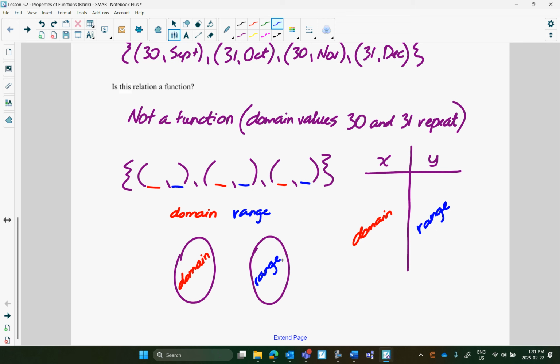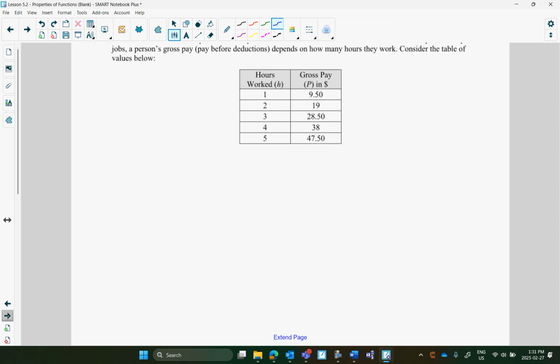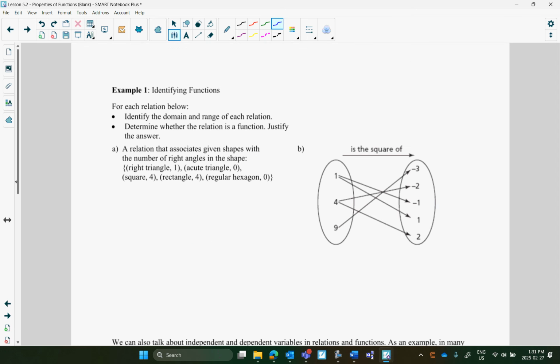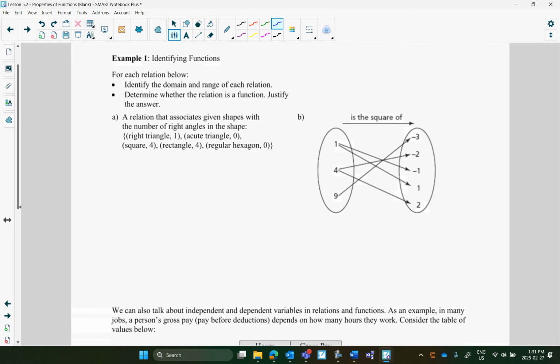We also give these domain and range different names. And you guys hopefully will have seen this in science. Oh, sorry. We're not going to do that yet. We're going to do an example first. Okay, so for each of these relations, A and B, you have to state three things: domain, range, whether it's a function or not.